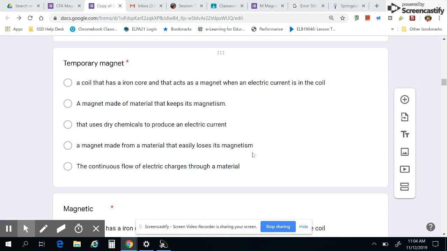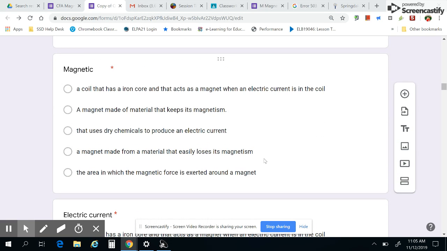Temporary magnet. A coil that has an iron core and acts as a magnet when an electric current is in the coil. A magnet made of material that keeps its magnetism. That uses dry cells to produce an electric current. A magnet made from a material that easily loses its magnetism. The continuous flow of electric charge through a material.